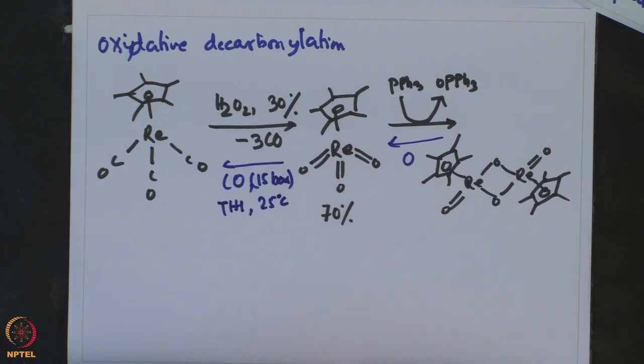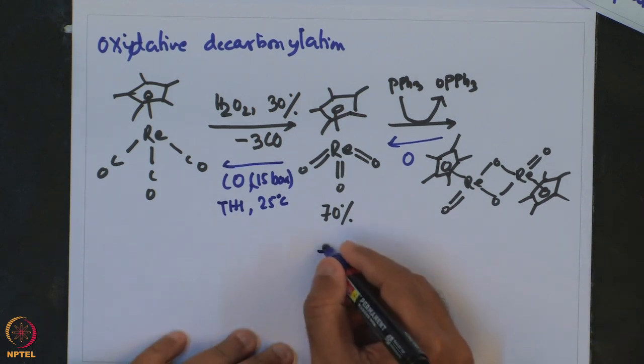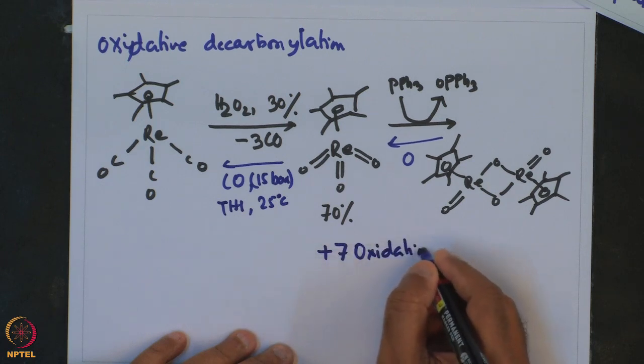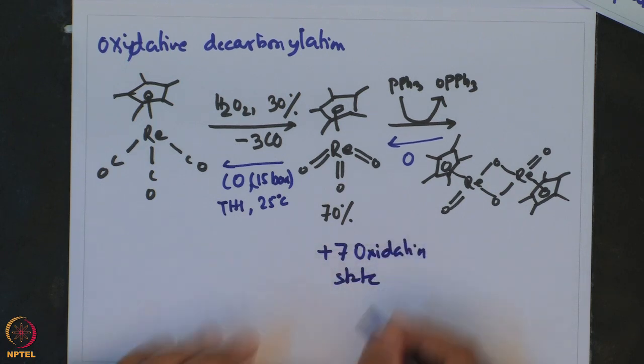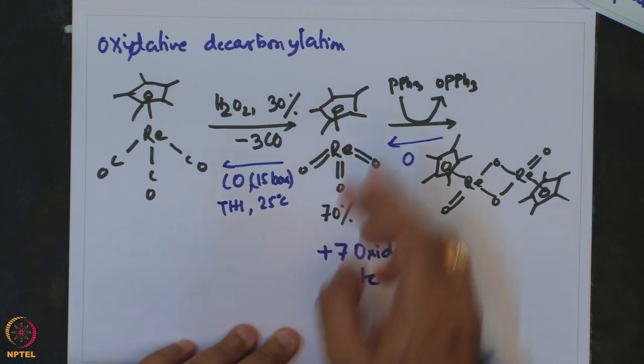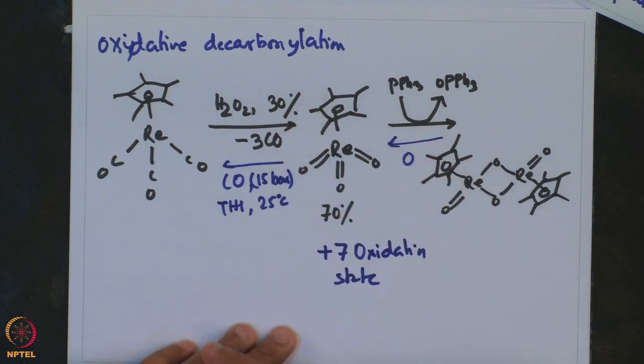So, this is an interesting compound in which the rhenium is in +7 oxidation state, and it also proves the fact that these cyclopentadienyl rhenium complexes also occur for higher oxidation states of the transition metal.